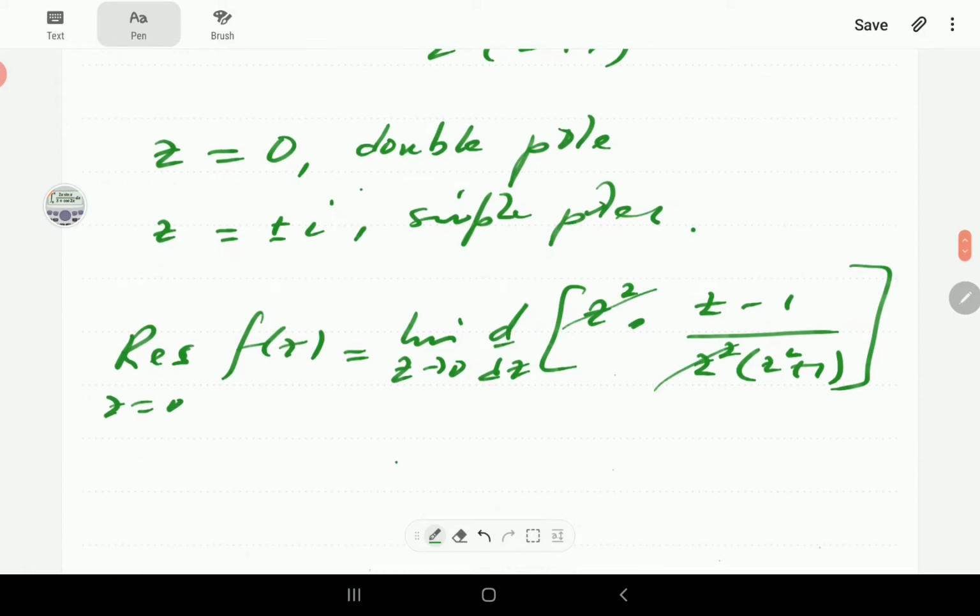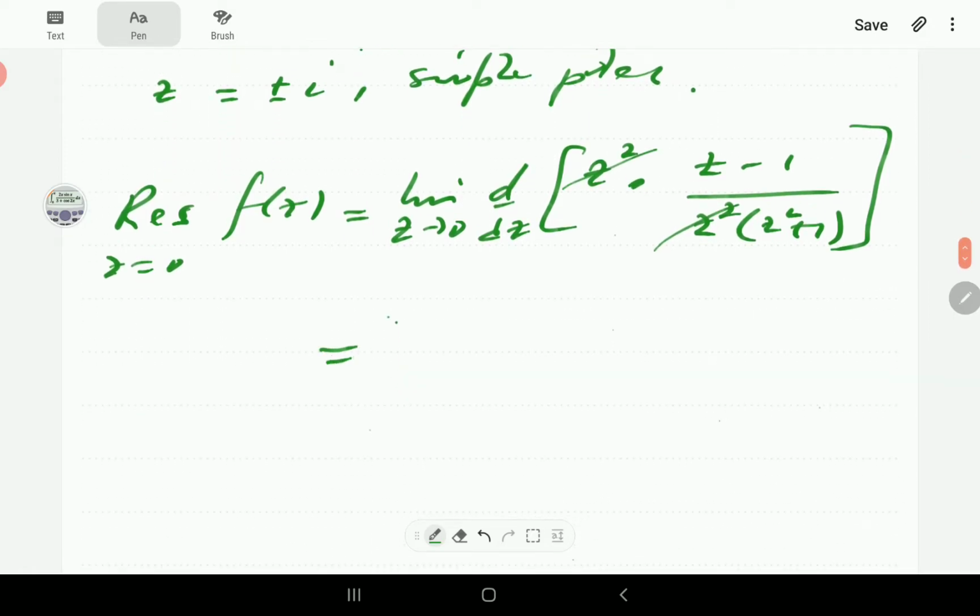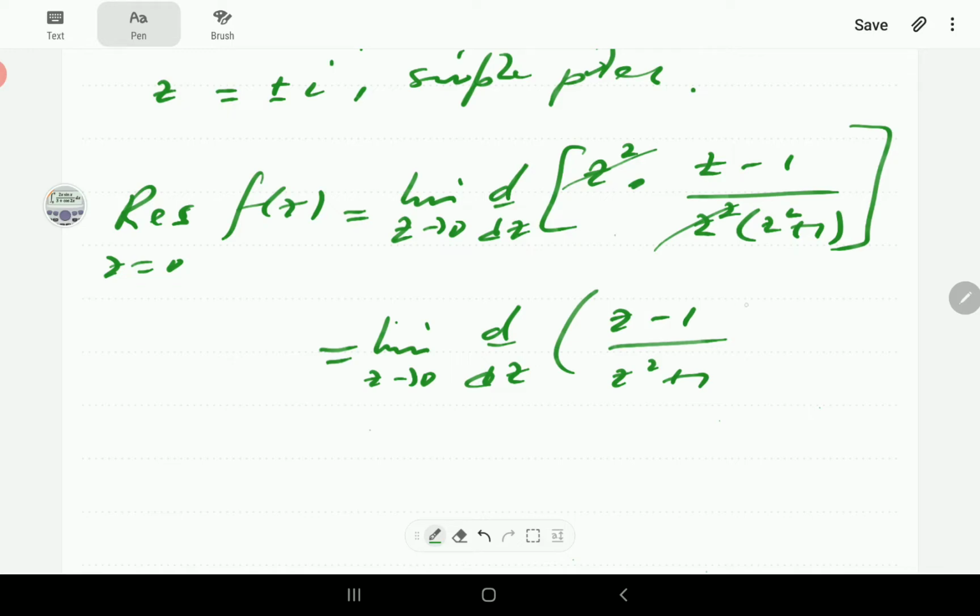And then this is going to cancel out. So we just have the limit as z goes to 0 of the derivative of z minus 1 over z squared plus 1.